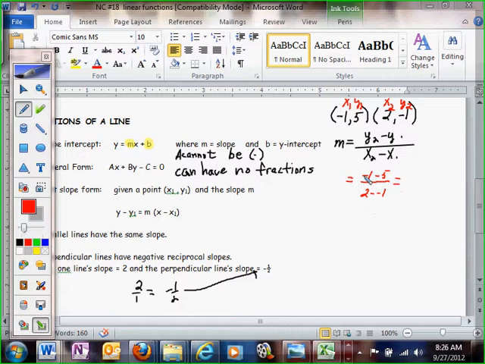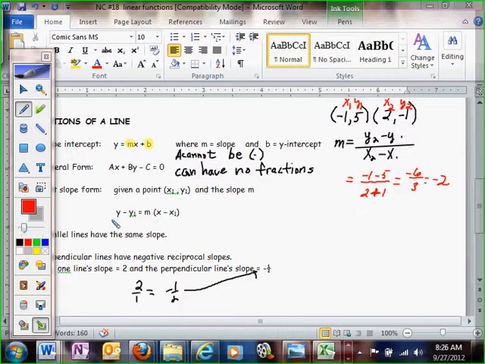which gives me negative 1 minus 5 is negative 6, and 2 minus negative 1, this minus negative becomes a plus. So 2 plus 1 is 3, and negative 6 over 3 is negative 2. So my slope, or m, is negative 2. Now I'm going to work a little bit backwards here.